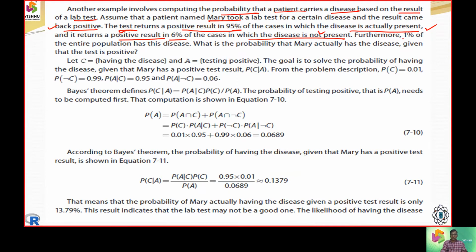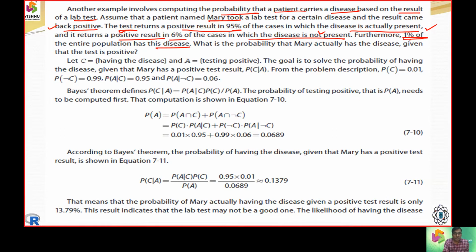And second, in the global population, only 1% of the people have the disease. So if the population of a country is 100%, the disease affects only 1% of the population.